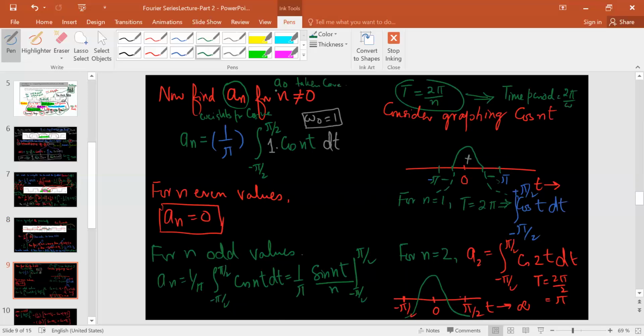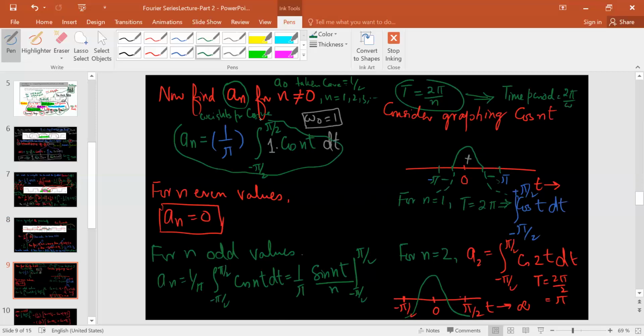We already know a naught is 1/2. So it means n is 1, 2, 3, and so on, but it's not 0 definitely. So if you do this operation, this is the formula that we're using.